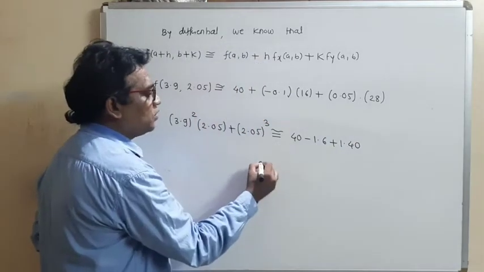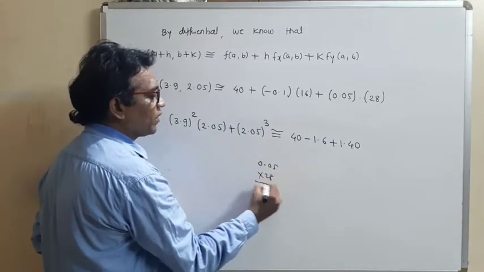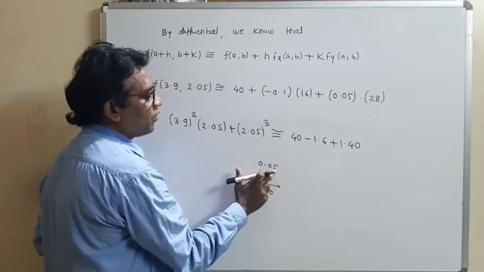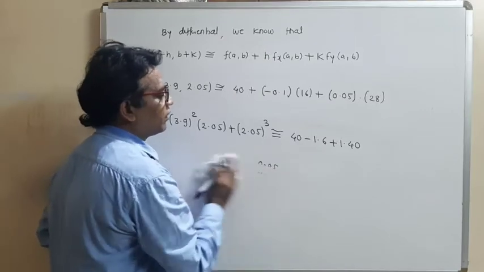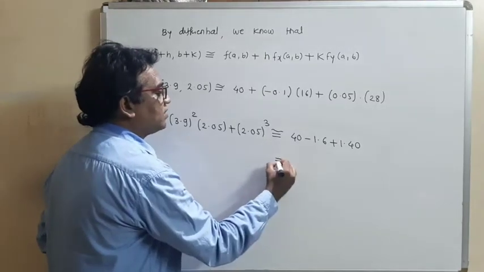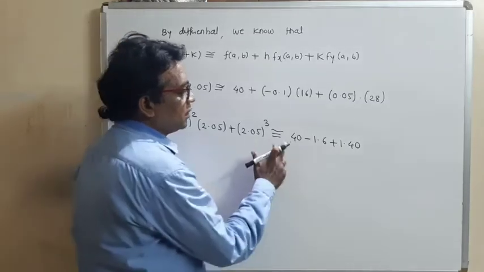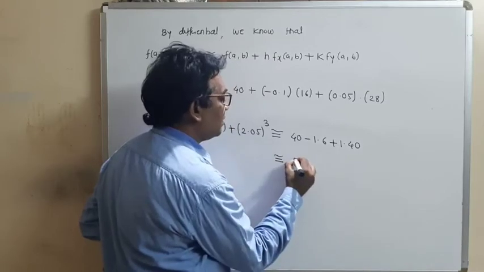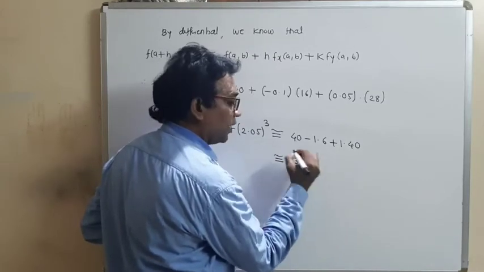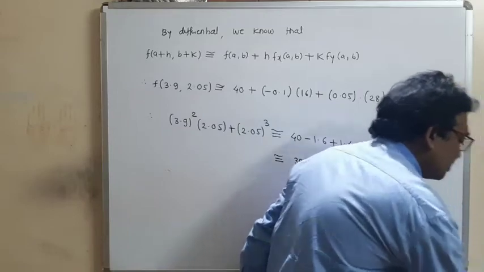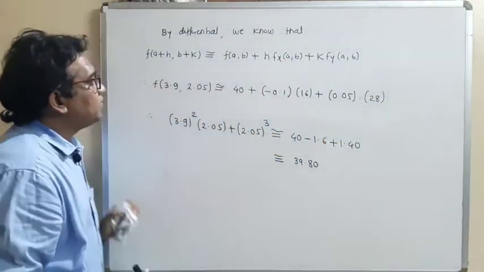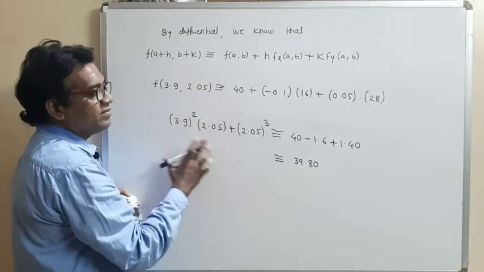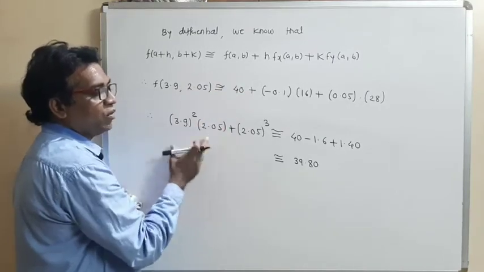So just multiply 0.05 into 28. 28 into 5 will be 140, and with the decimal places, this is 1.40. So what is this approximate value? 40 minus 1.6 plus 1.40, so this is near about 39.80. So see, by using this differential formula, we can easily find out the approximate value of any function.